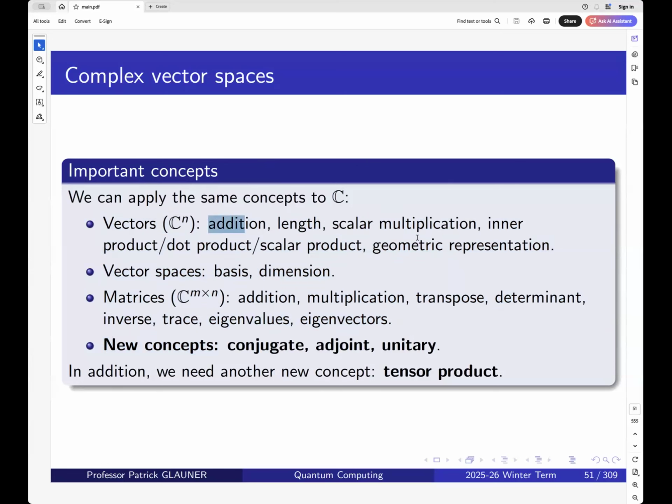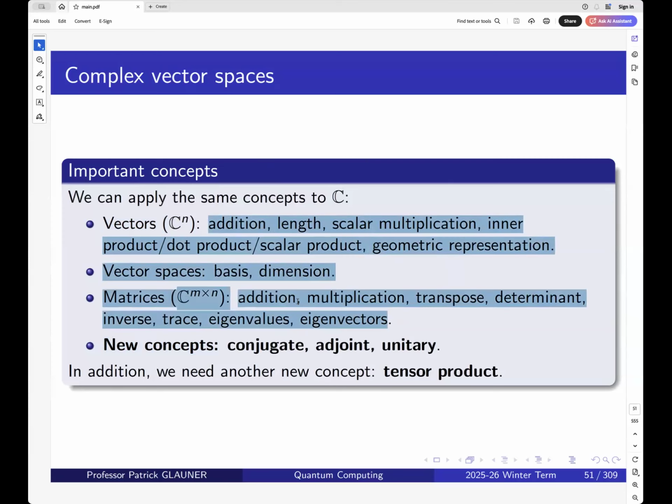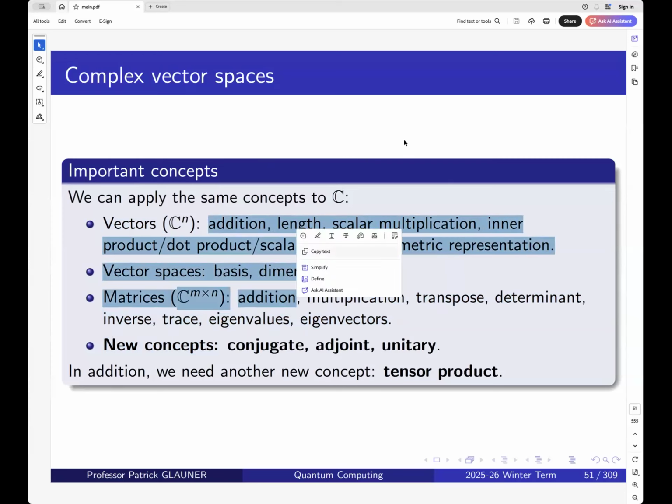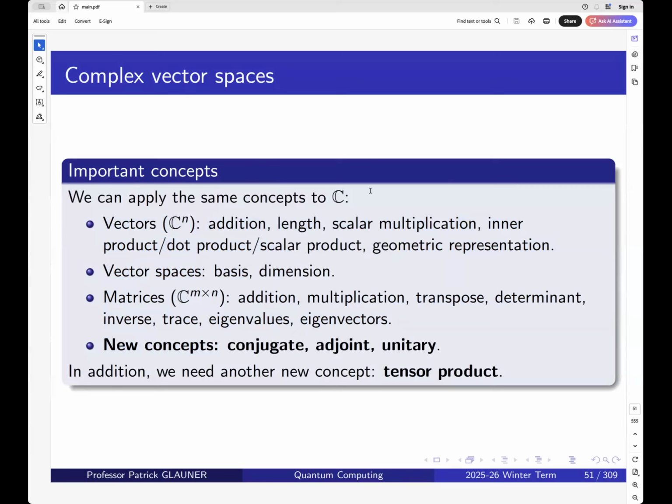This can all be done for complex numbers as well. And most of this, especially these things here, they don't really change. We just use complex numbers, but not real numbers. What gets a bit more tricky are eigenvalues and eigenvectors on matrices that store complex numbers, but we don't need to study this in detail. We will do some examples very soon.